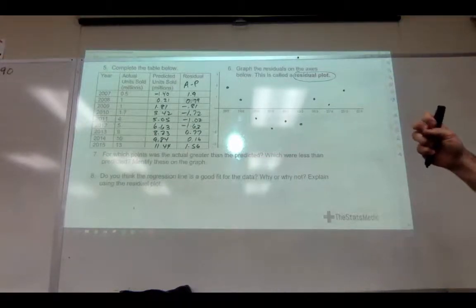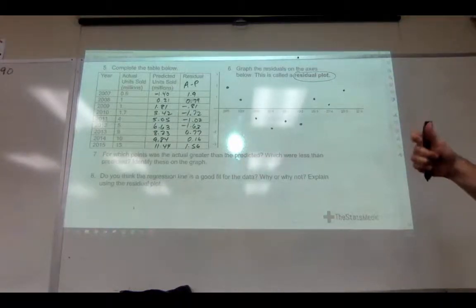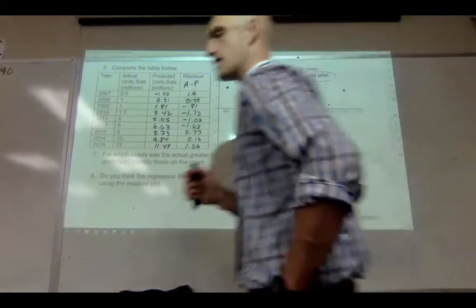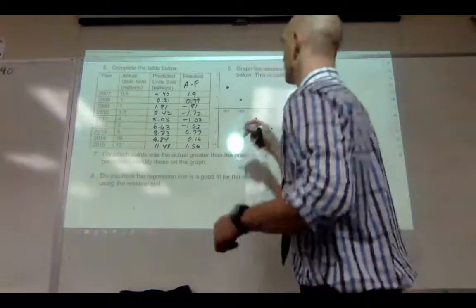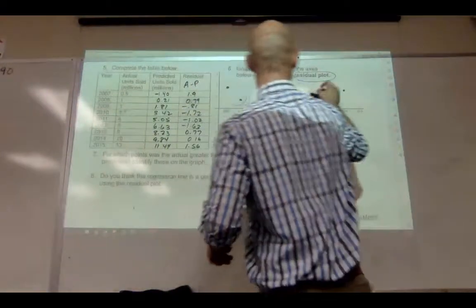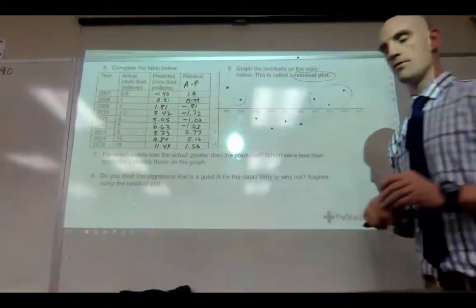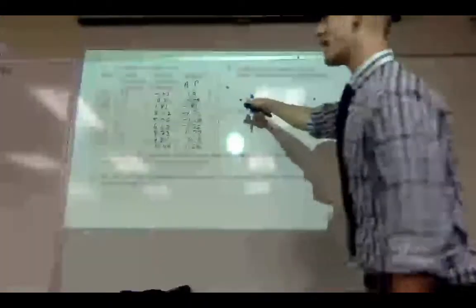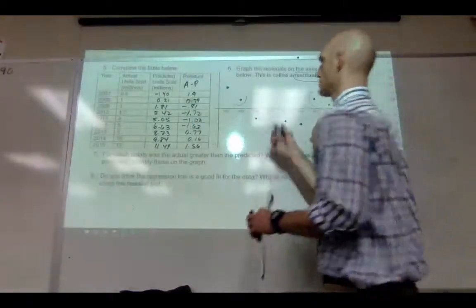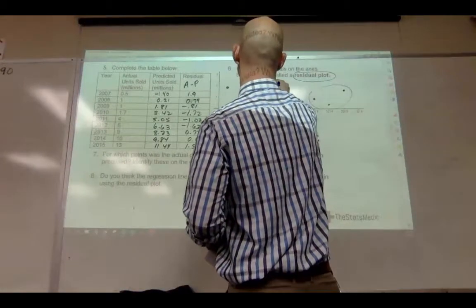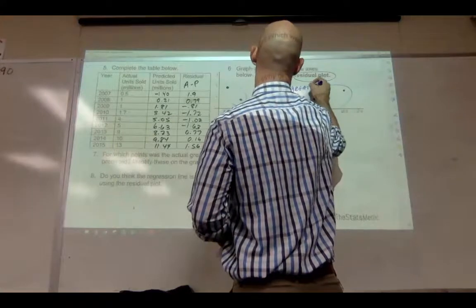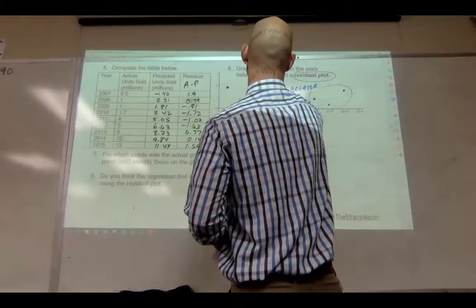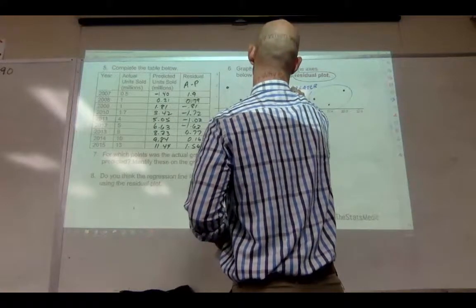First two and the last three. So if I do actual minus predicted, if the residual is positive, this means what? Actual greater than predicted.